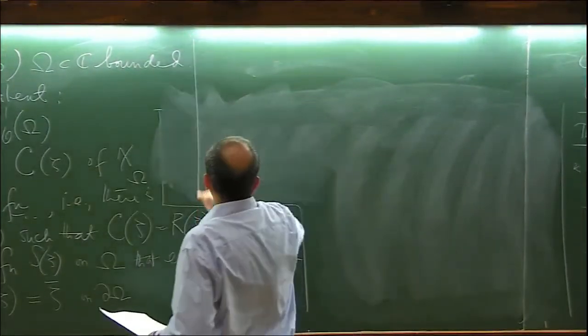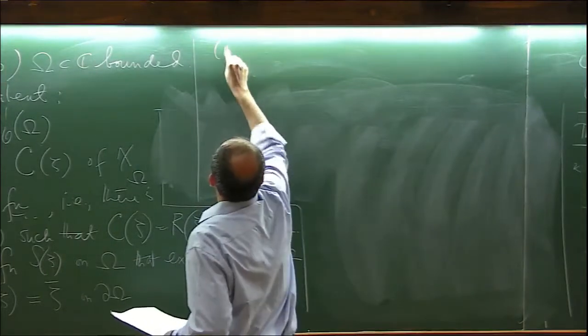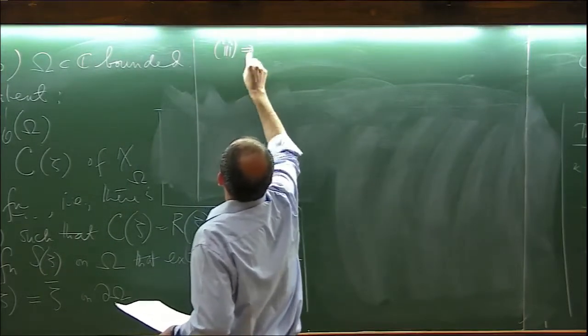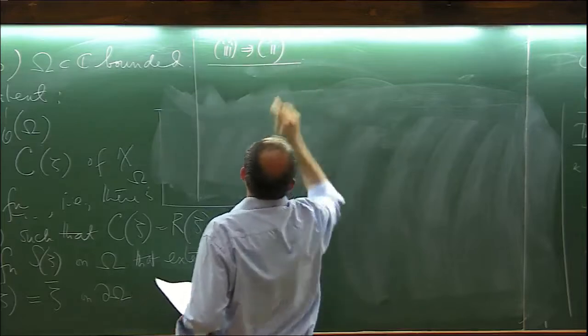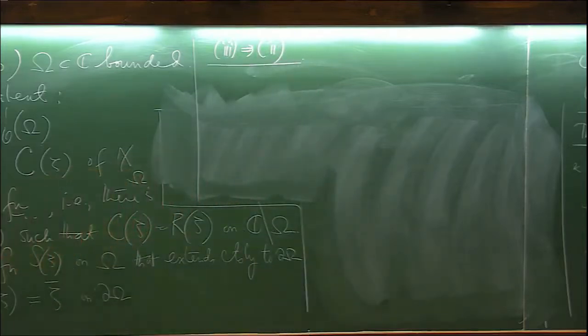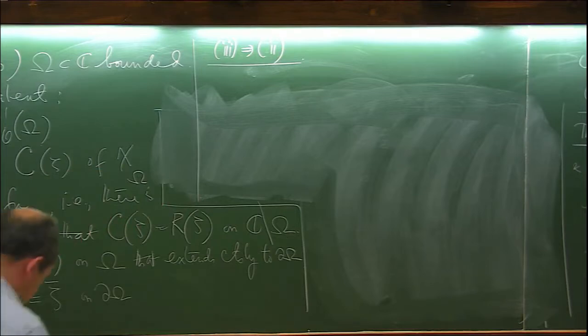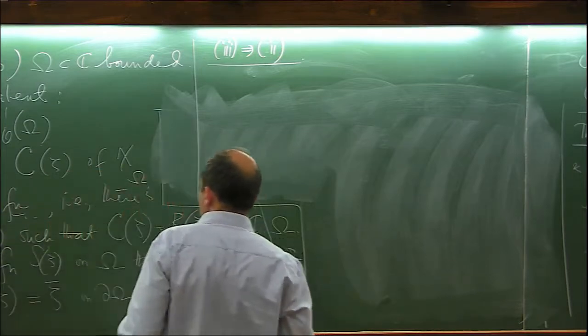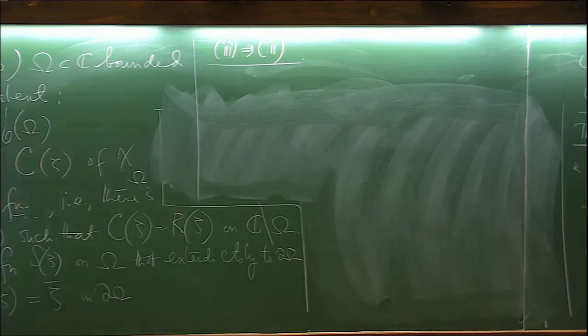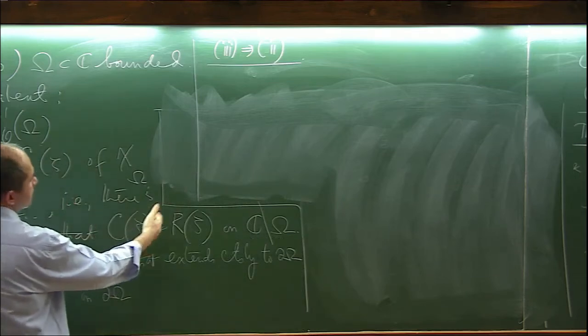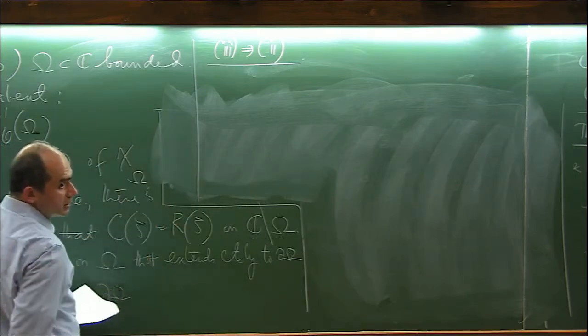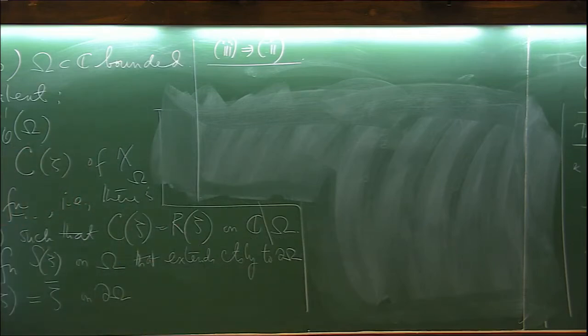I want to show that 3 implies 2, and then we'll be done. All right, so what do I want to show? I want to show that the Cauchy transform agrees with a rational function outside. And what am I given? I am given that there is a meromorphic function S which equals zeta bar on the boundary.